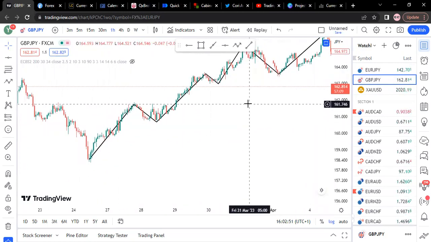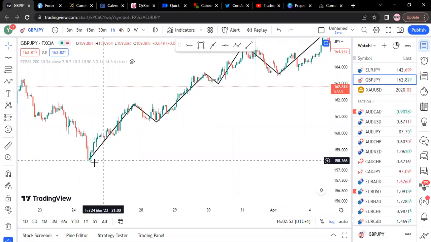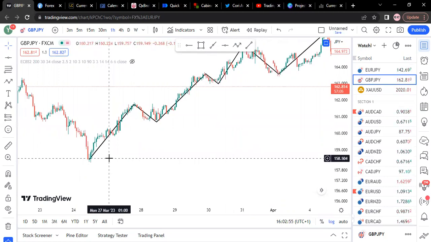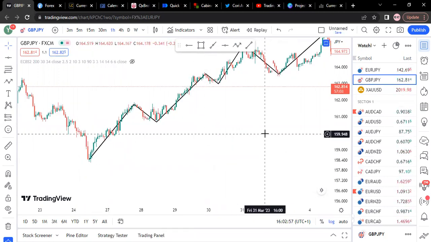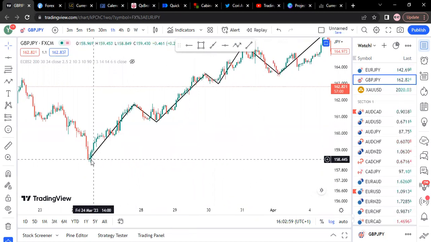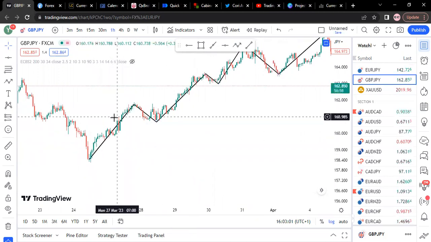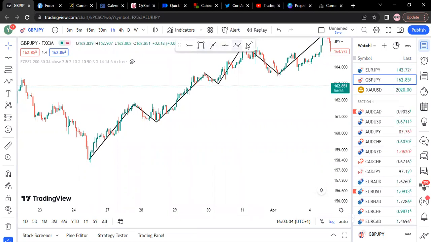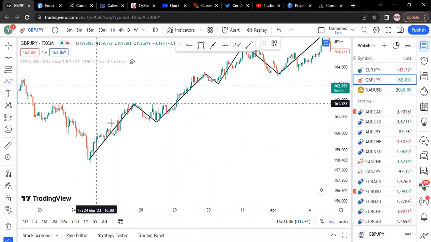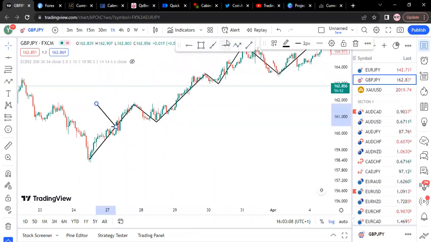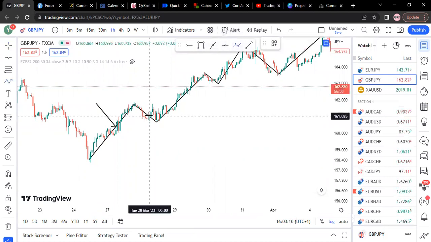Now, one of the things you want to take note of in a trending market is the fact that we have what we call the impulsive move and the corrective move. This particular move on this chart is what we refer to as an impulsive move. Well, this is a pullback.